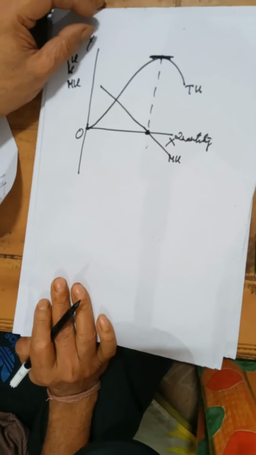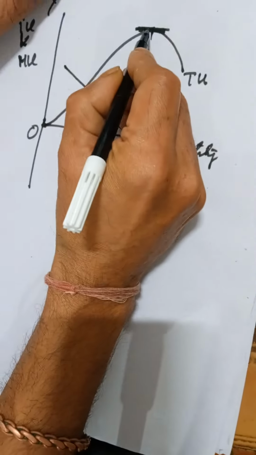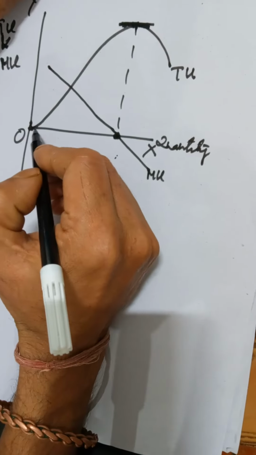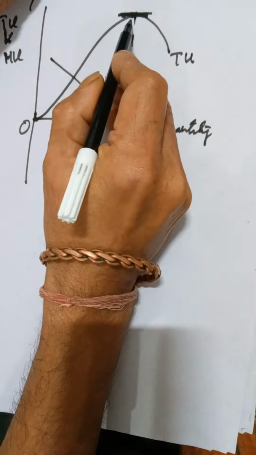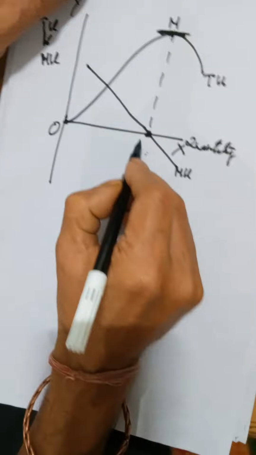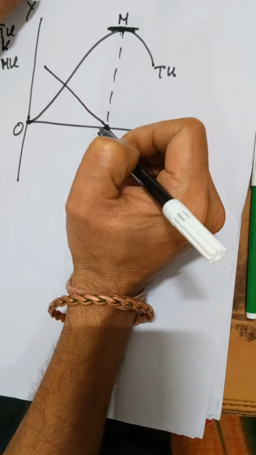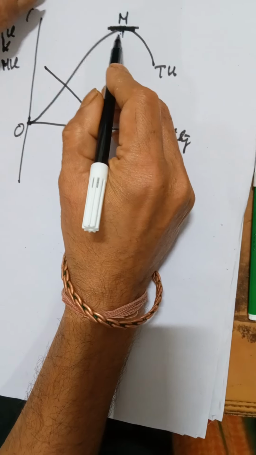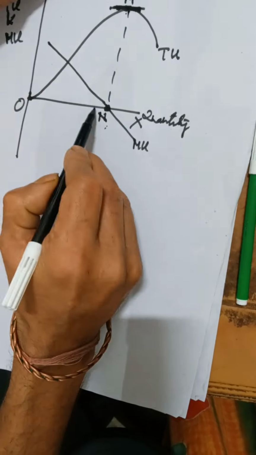Now, why does this happen? Till this point, marginal utility is positive. You can see till this point, if we mark it as M and this is N, then N is the maximum total utility. This is the maximum length that can be drawn between this line and this line.